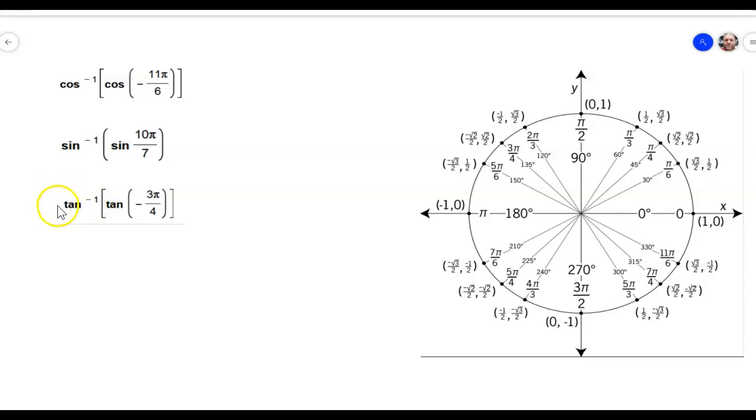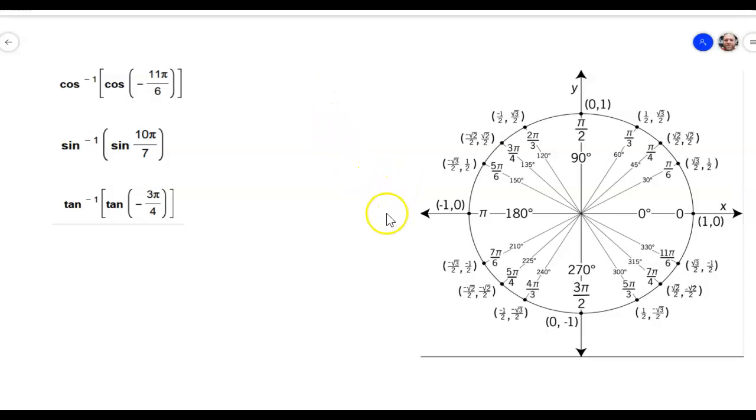Now remember, for each of these, let's just do a quick, brief review of how these inverses work. For all of them, really, we're switching around the angle and the value. So the inverse cosine takes a look at the value and then it shoots you back an angle.